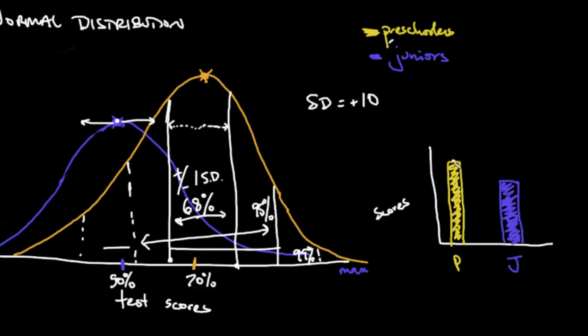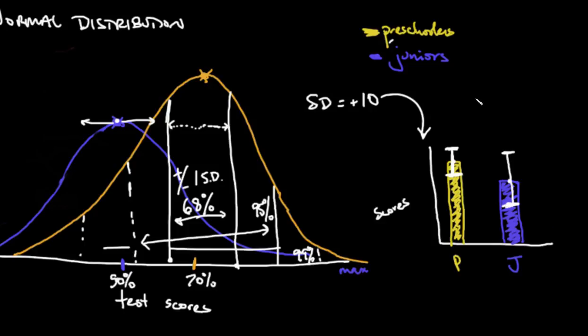So if this is my average value, what we would need to do is if this standard deviation for the preschoolers is 10, I would go plus or minus 10 over that bar. And let's say the juniors had a 15 point standard deviation, they would have a wider, I'm going to over-exaggerate, a wider error bar, right?